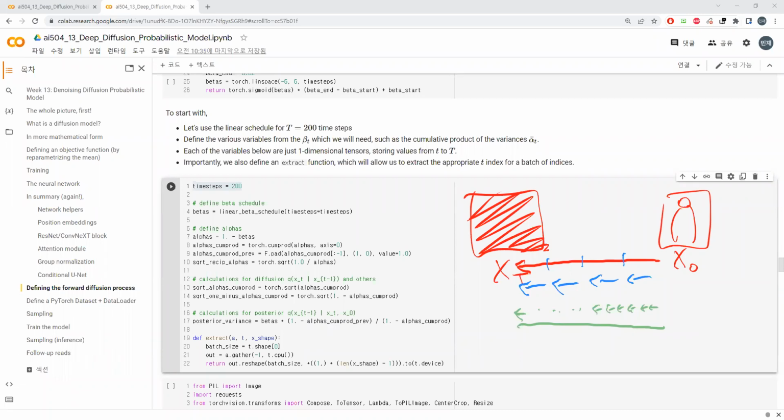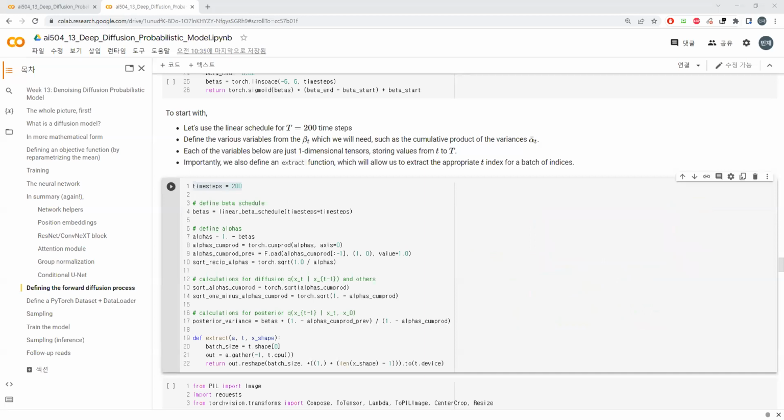But as you increase the max time steps, the training time and inference time will increase too. So that's the chronic problem of the diffusion model scheme. Anyway, what I want to say is time step is a hyperparameter. You can choose it.